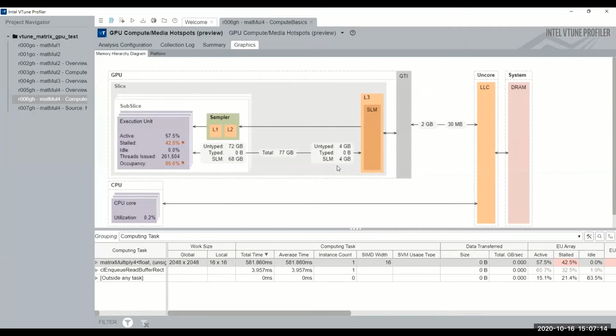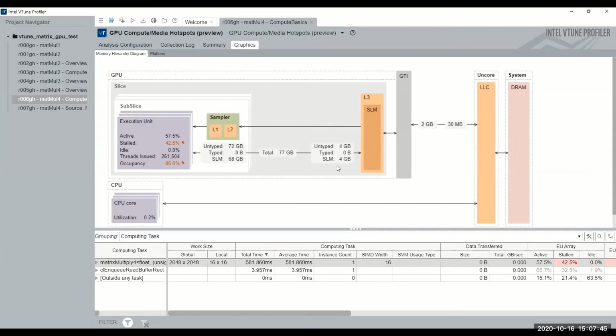In addition, VTune is taking information from the runtime, which is either the OpenCL runtime or the Level Zero runtime, which is the new runtime in the Intel toolkits, Intel compiler. It's information mostly regarding the tasks and jobs being placed into the queue for execution.